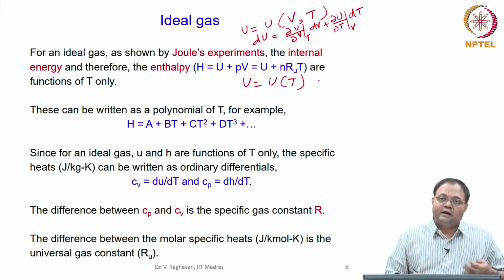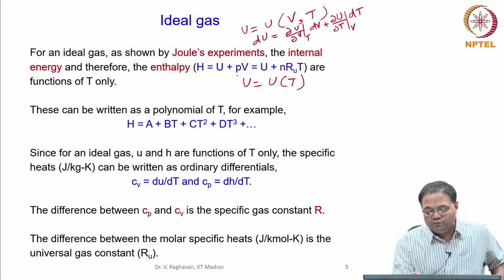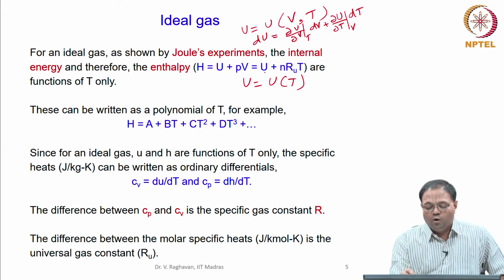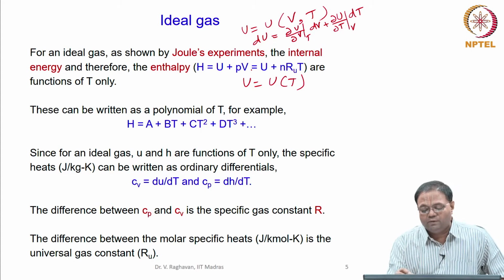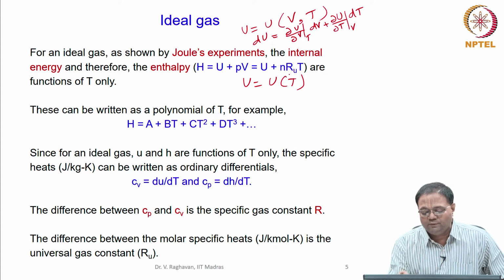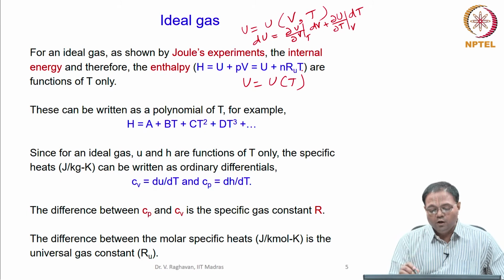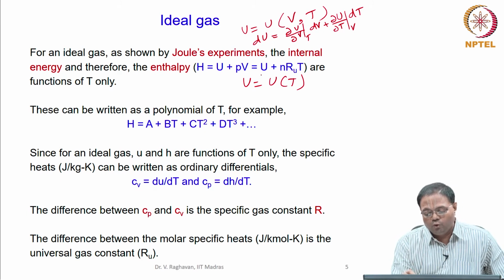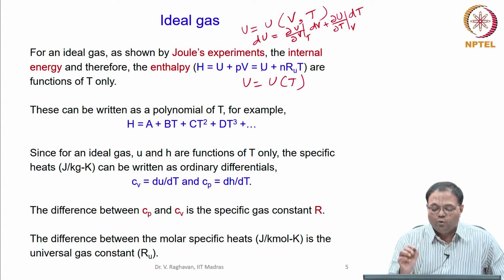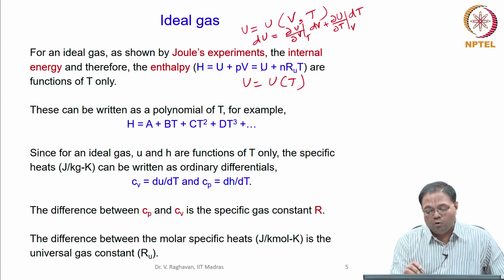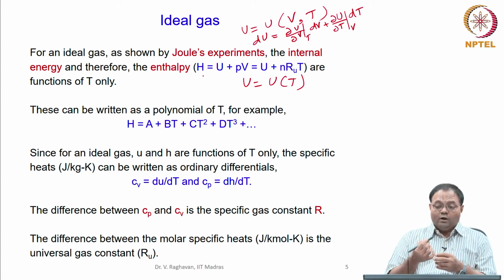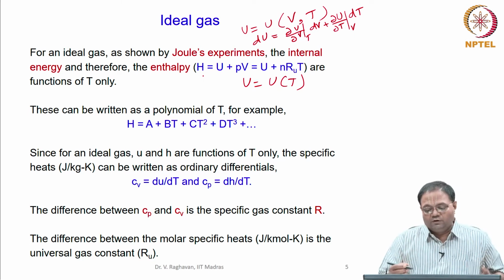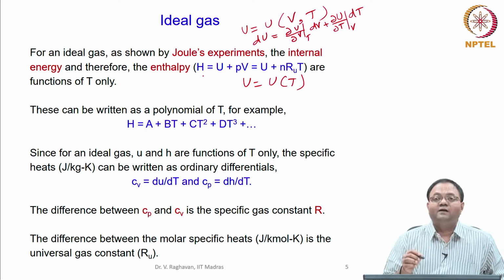Similarly, enthalpy is a derived property, U plus P times V. You will note that this PV can now be expressed in terms of the equation of state. For example, I will take the molar based N times Ru times T. So H will be equal to U plus N times Ru times T. Since U is a function of temperature alone, now H also will be a function of temperature alone.